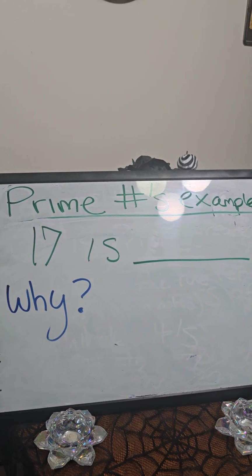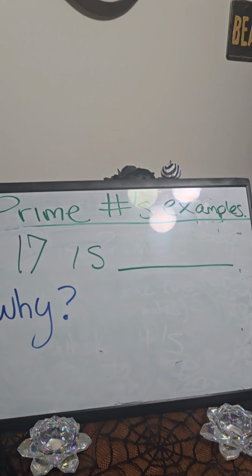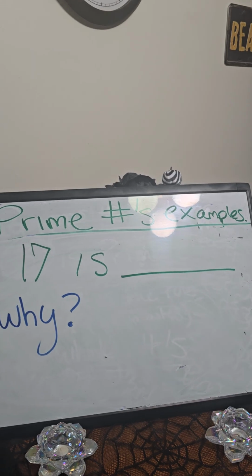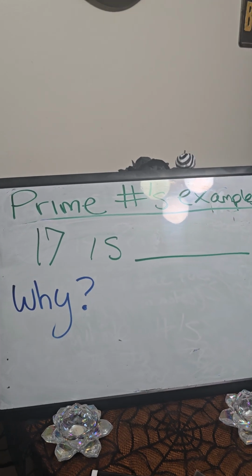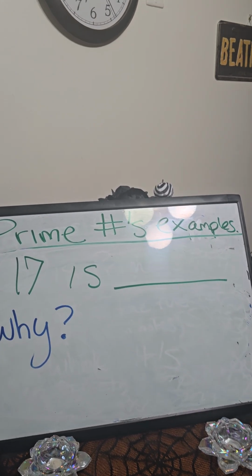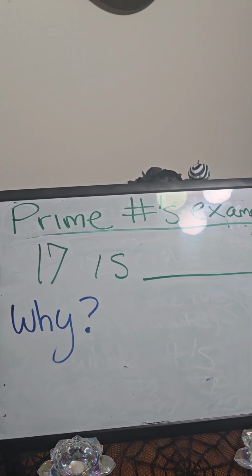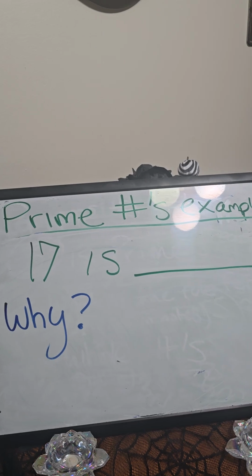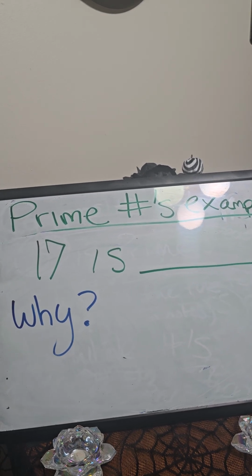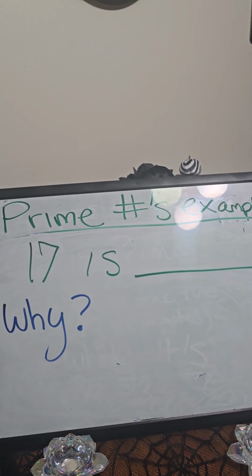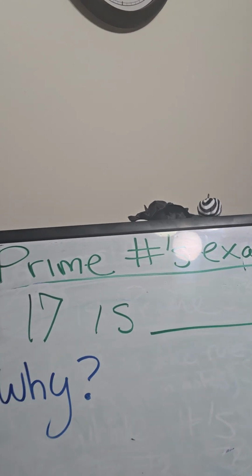Try this example. 17 is prime, and why? Think, what are our rules for prime numbers, right? What are our rules? Go back and look. They must be whole numbers. Is 17 a whole number? Is there a decimal or a fraction? No. 17 is a whole number.